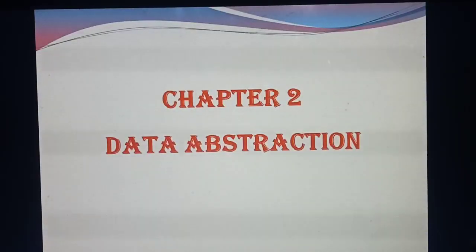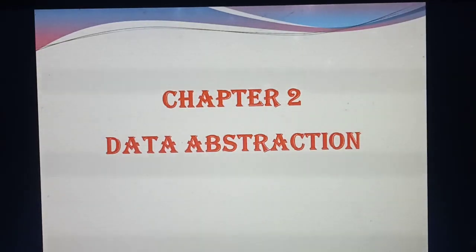Welcome to our today's online class, students. Now we are studying chapter 2, data abstraction. Before I start today's portion, let's recall what I taught in the last class: what is an abstract data type, define abstraction, and define constructor and selector.